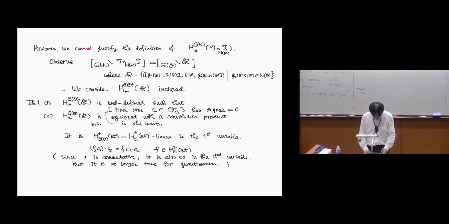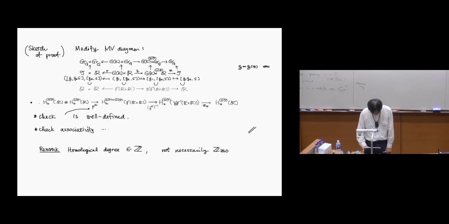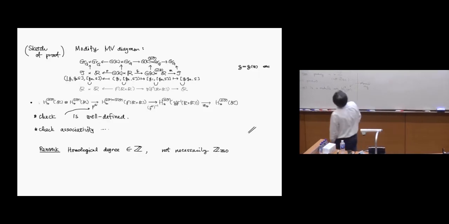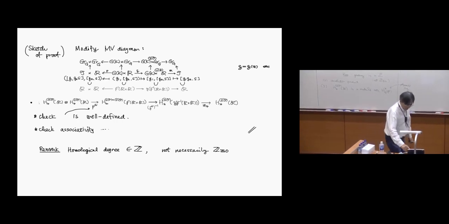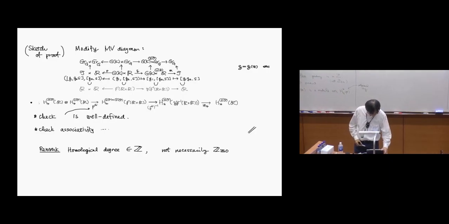Okay. I think I prepared the definition roughly, but it is based on the convolution diagram of Mirković-Vilonen for geometric Satake, so I think it is better to postpone it.